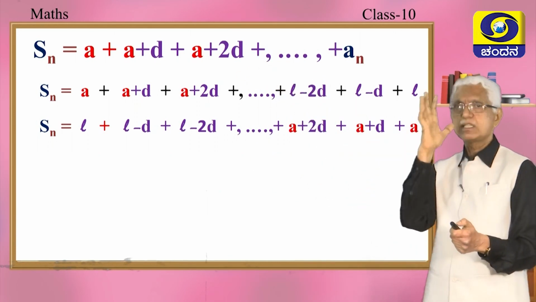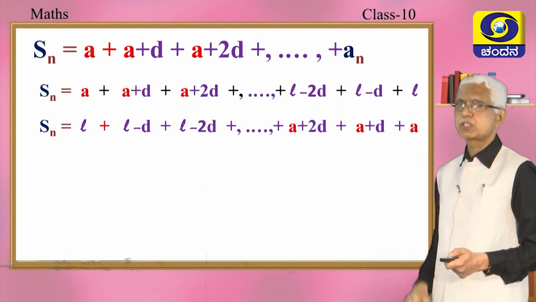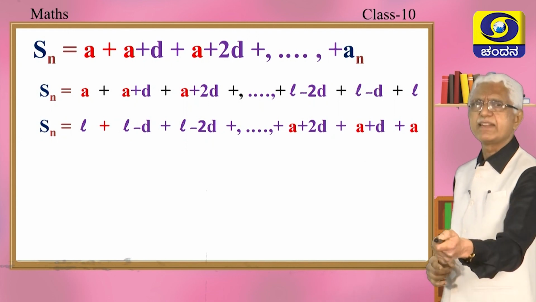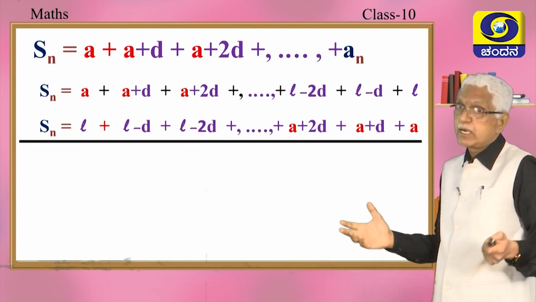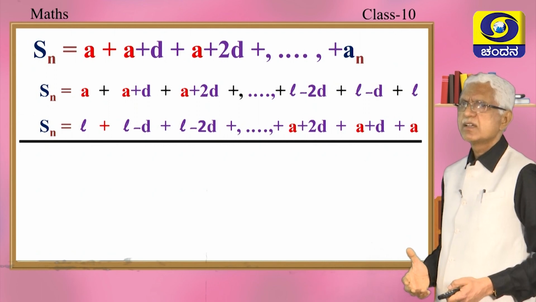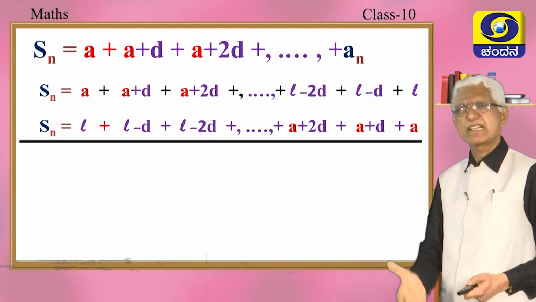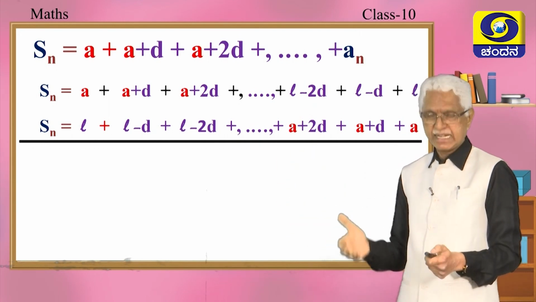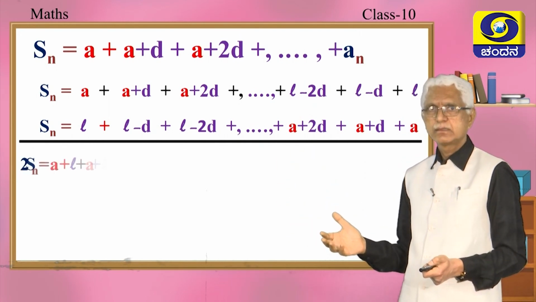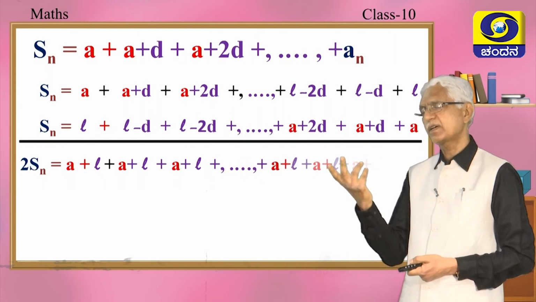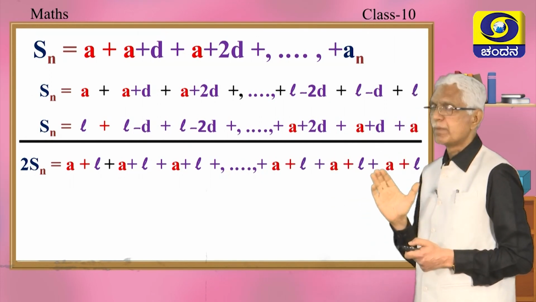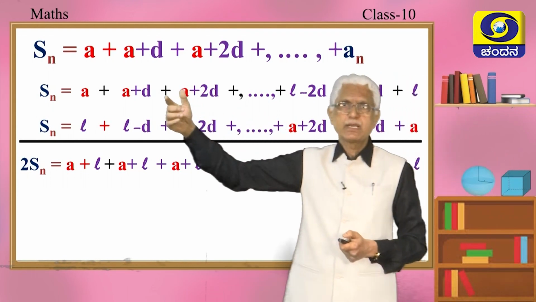Okay. Now see the beauty. Did you understand these two steps, my dear children? Please understand the beauty of it now. This is really lovely. What will I do? I am sure you are already guessing. Sir, you are going to add, sir. Wonderful. That is what I am going to do, correct? Add the left hand side, Sn plus Sn, 2Sn, super. Now, my dear children, let me go slow.